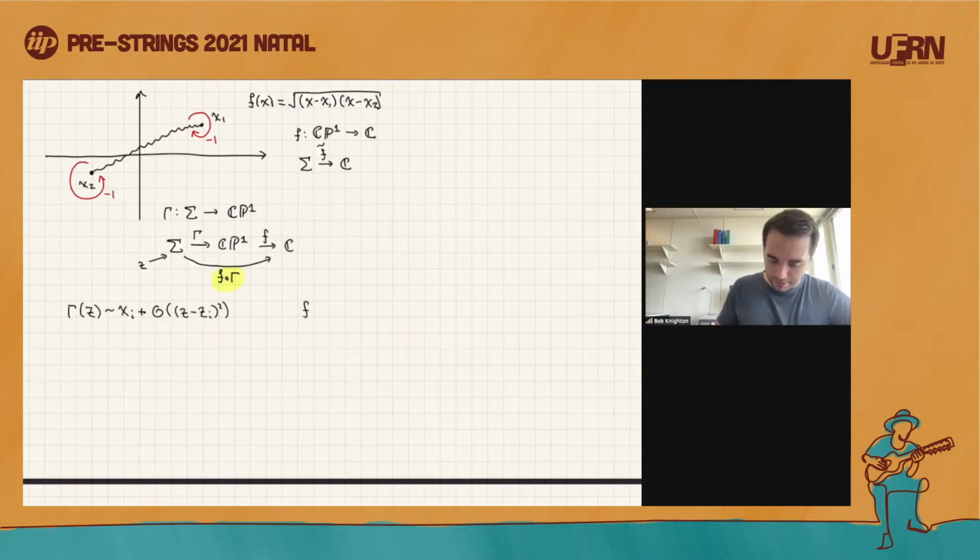So then if you consider the function f of gamma of z, and you take z close to z_i, this function actually becomes well-defined, basically because this square here will cancel in the square root.